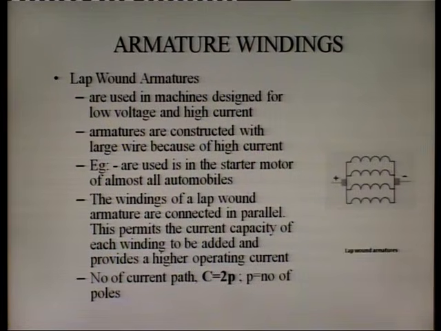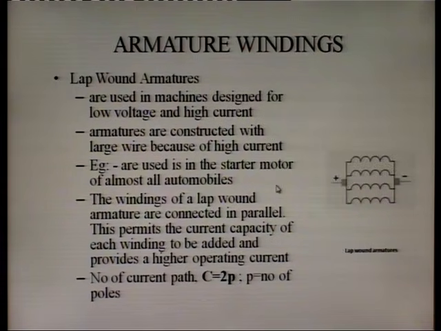Lap wound armature. In a lap wound armature, the windings are connected in parallel. These are used for low voltage and high current applications. Armatures are constructed with large wire because of high current and are used in the starter motor of almost all automobiles.